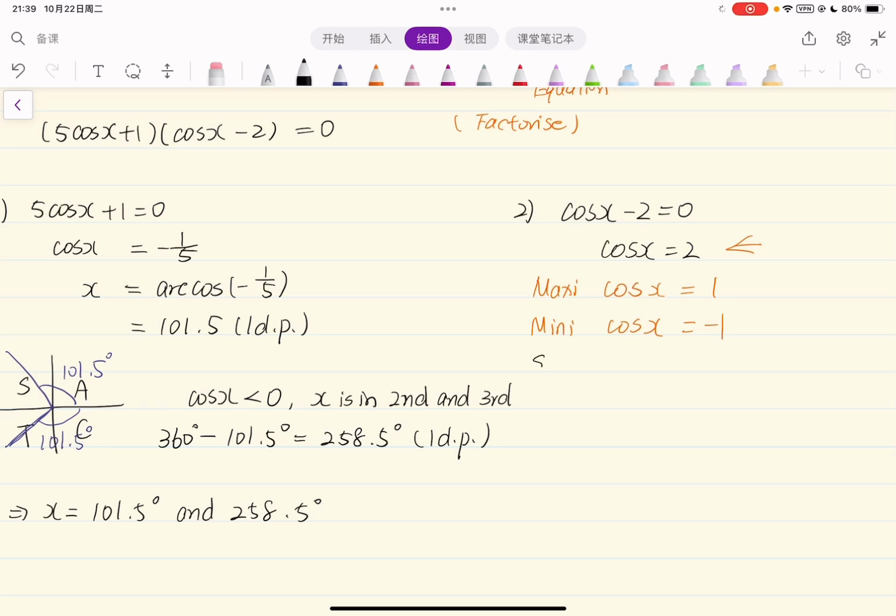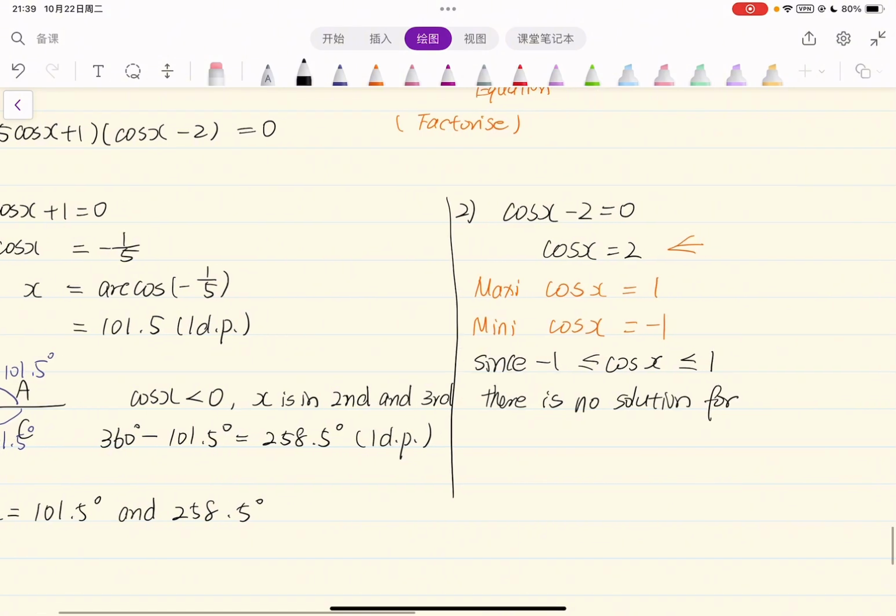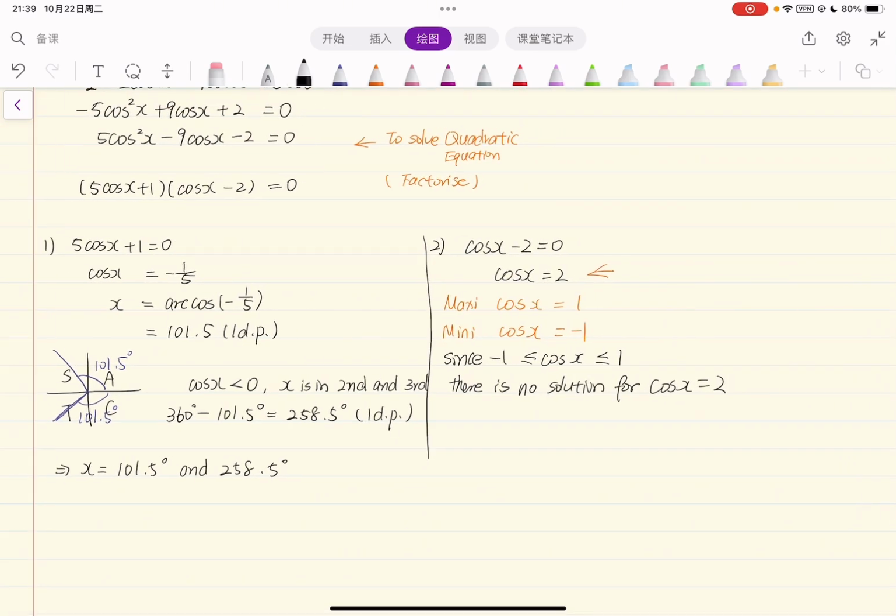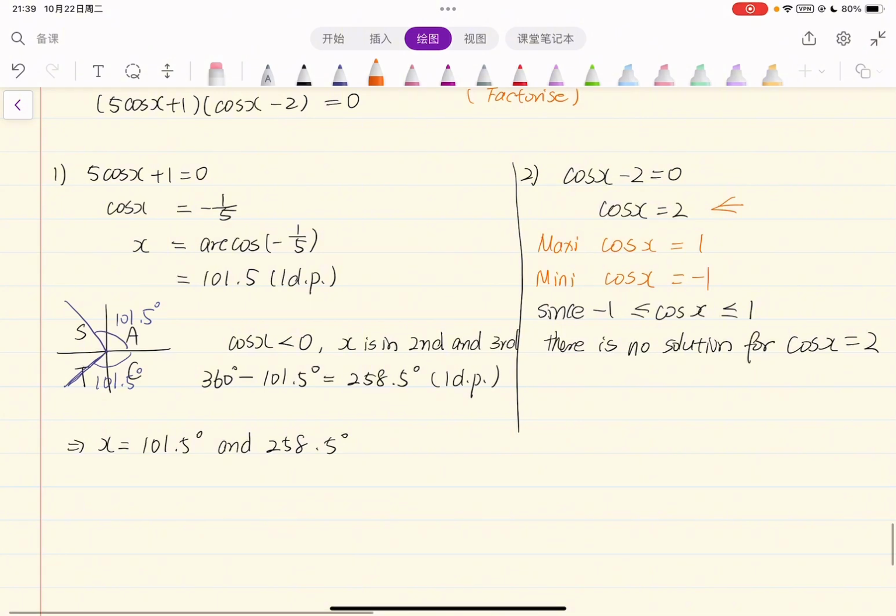Since cosine x is less than or equal to 1 and greater than or equal to minus 1, there is no solution for cosine x equals 2. So we only get the two possible solutions, that are x equals 101.5 degrees and 258.5 degrees.